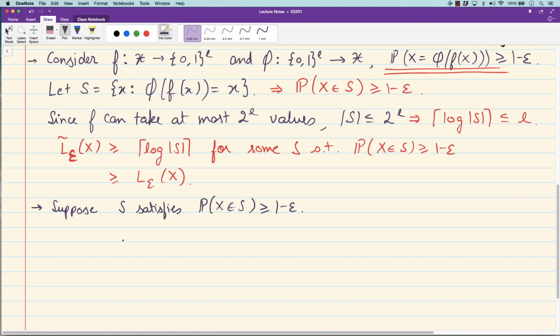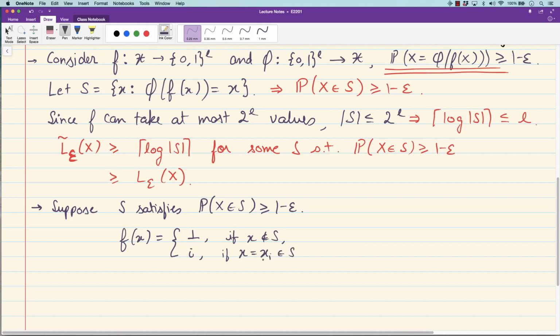Now let me define this mapping f of x, which is equal to some special symbol, let's call it bot for error, a bot symbol, if x doesn't belong to S, and it is equal to i if x belongs to S.